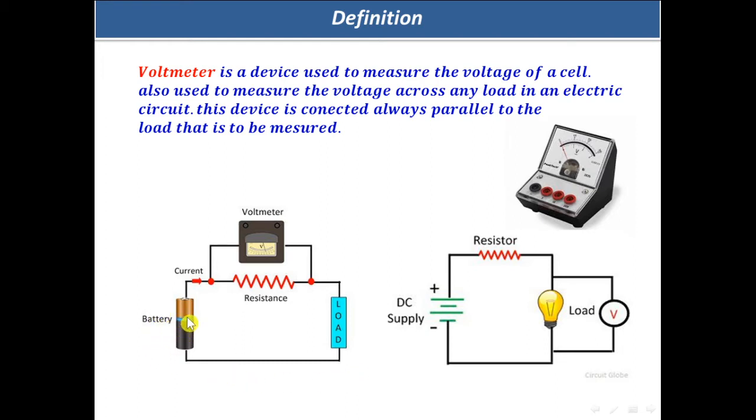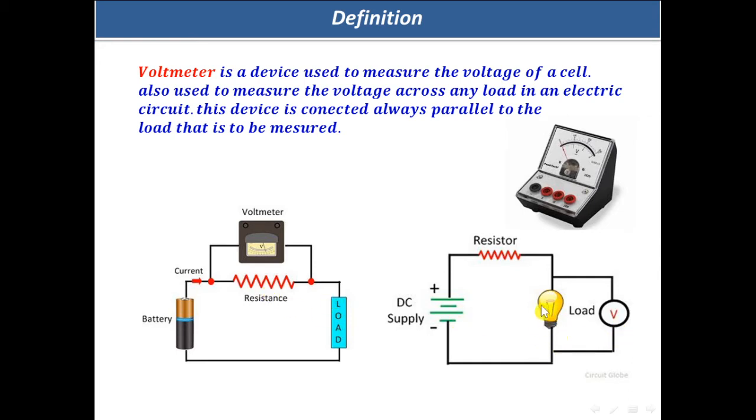So this is the battery, and this is how it looks in the electric circuit diagram, and this is in real life. This is the battery, current comes out. This is the load. This resistance, as I told you, represents the load. As you see, he put the voltmeter across the resistance of the load to measure the voltage, and he can put it also across the light.